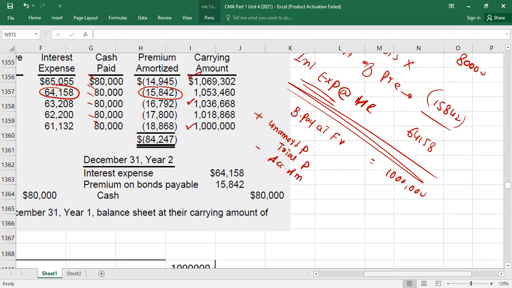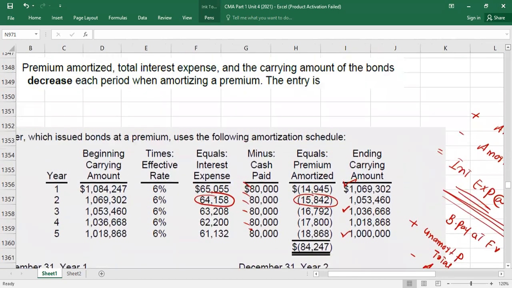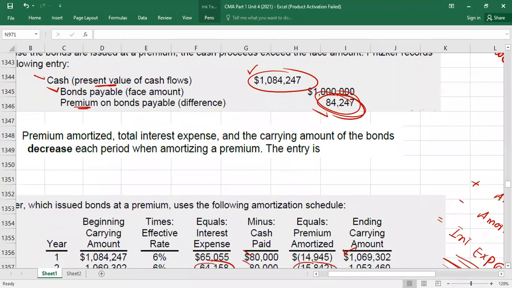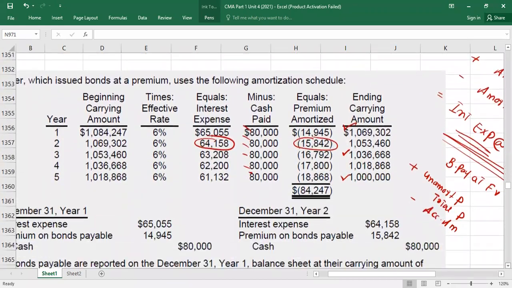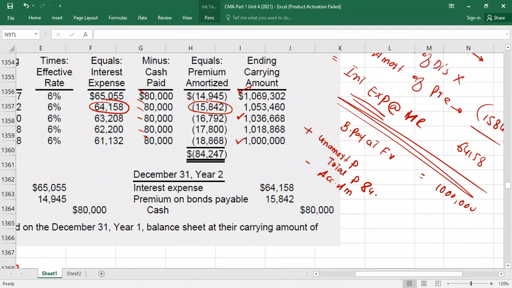You can look from the first entry. This is the total amount of premium: $84,247, right? From there you have to deduct accumulated amortization.